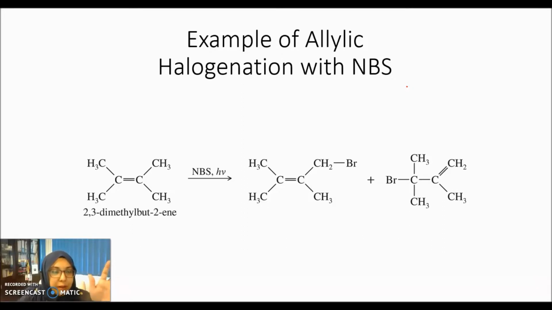We will preserve and maintain the C=C double bond. However, now we add the Br to the adjacent carbon. In this case, because it is quite symmetric, we have all CH3s, so the Br will be substituted at one of the CH3s, and we get this as our final product. And you see, we have given another option here.